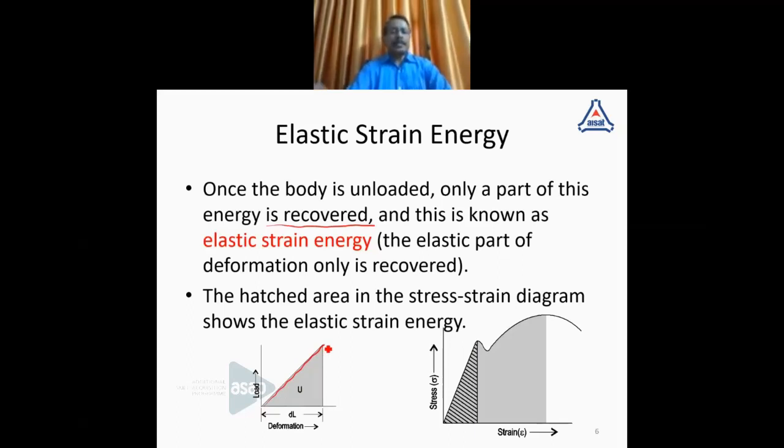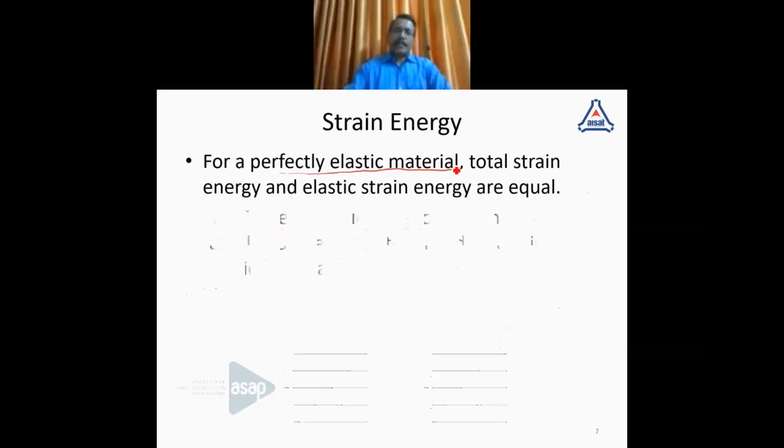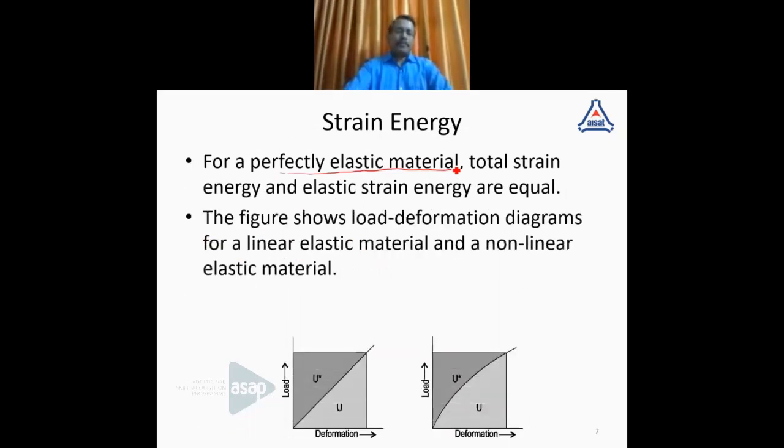In that case, we can say it is a linearly elastic body. So that material is called perfectly elastic, and again it can be linearly elastic. This is a linearly elastic material.